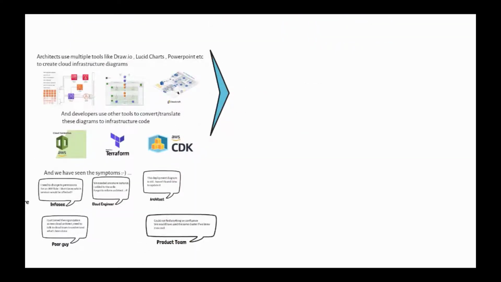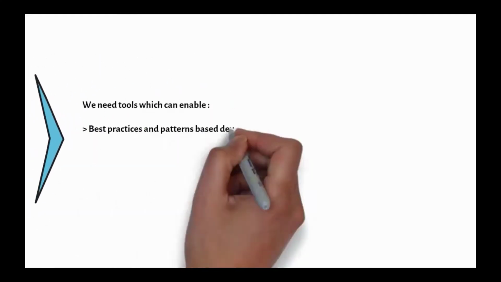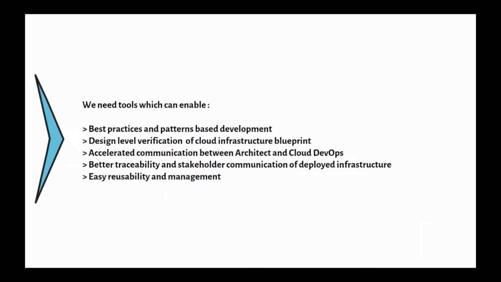So looking at all of these problems, we need tools, and I think it's high time that we need tools that we can use to alleviate some of these problems. And these tools should enable best practices and patterns based development, which means the way you design a certain system is the way you should get it deployed.